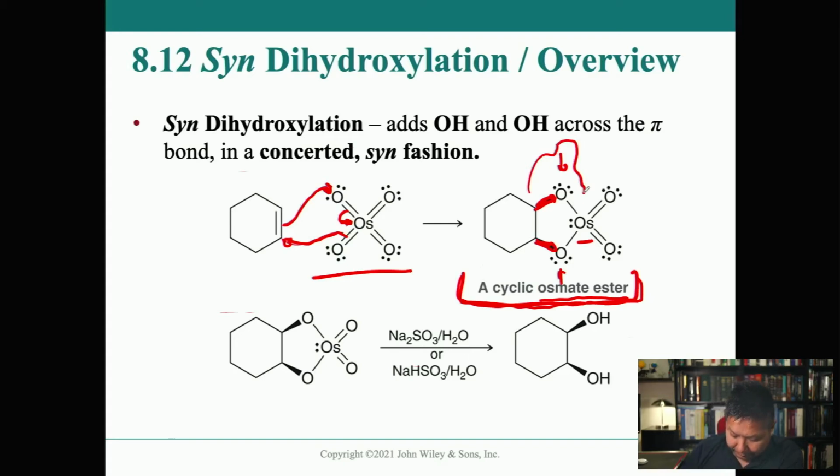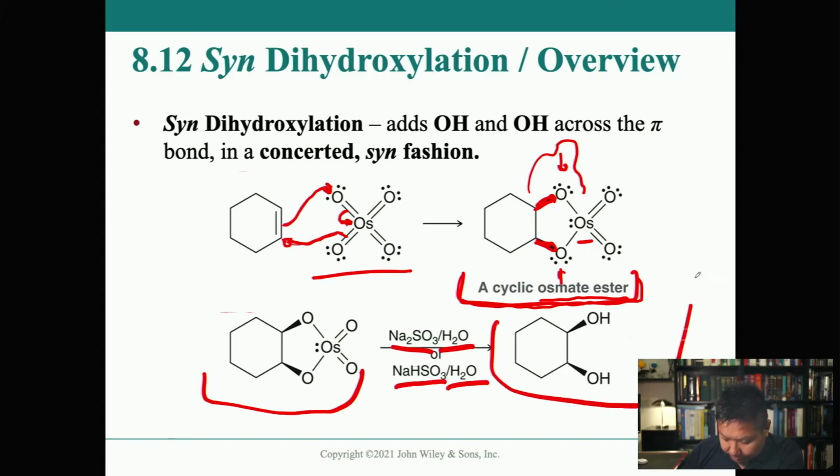And then once you have it as the cyclic osmate ester, you can treat it with sodium sulfite in some water, or sodium bisulfite in some water, and we'll lose the osmium portion, and we'll get the hydroxylation in a concerted syn fashion.